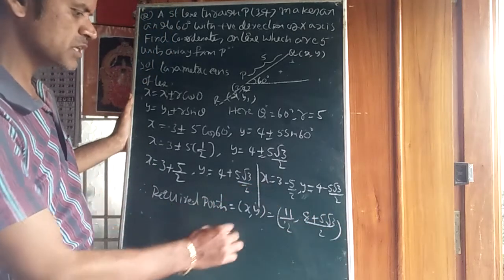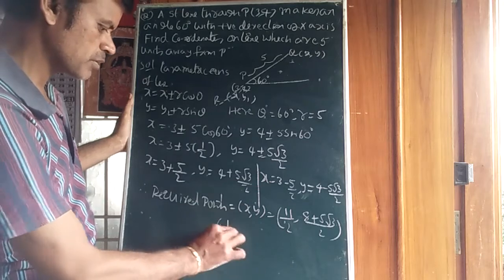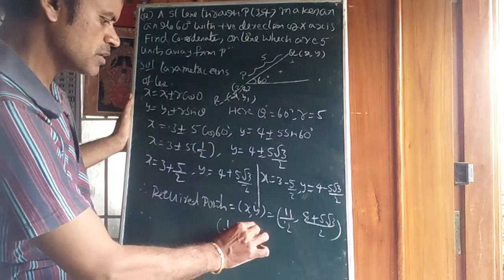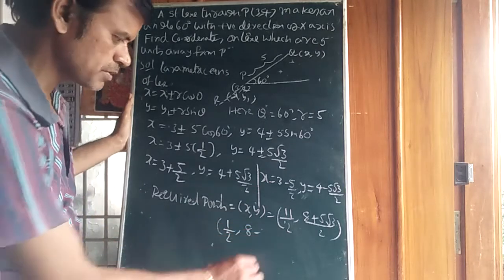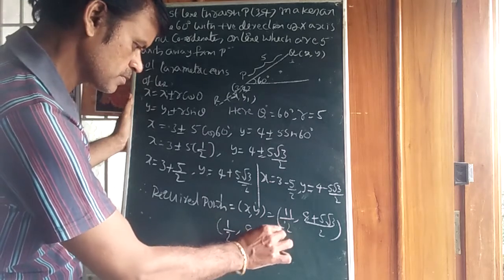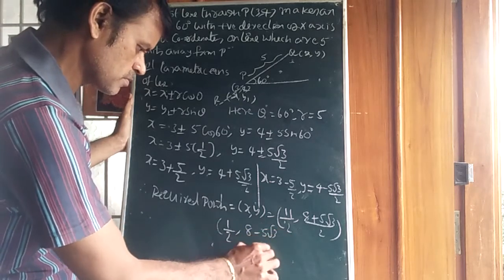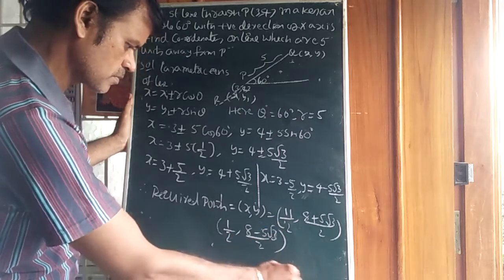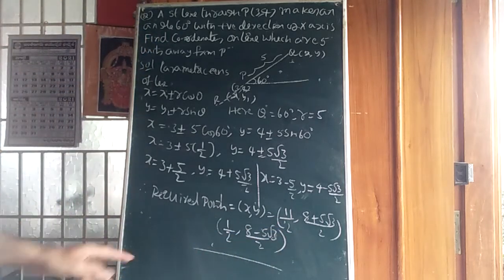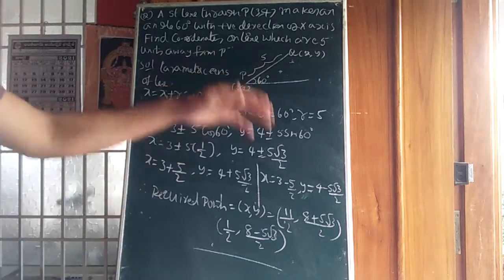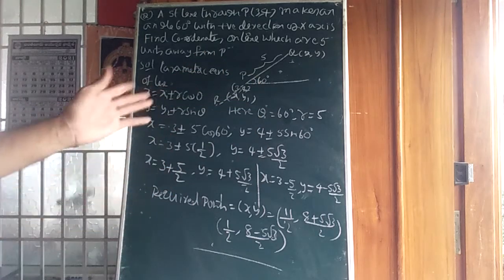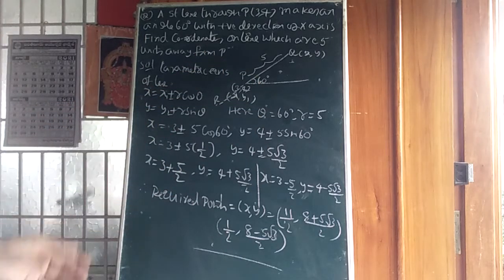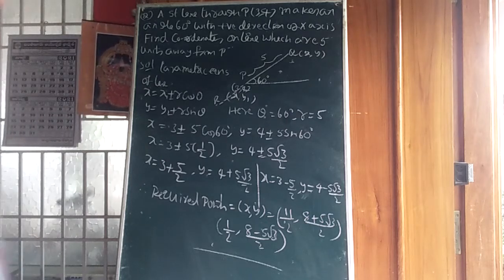And take LCM, 2 threes are 6 minus 5, meaning 1 by 2, comma 8 minus 5 root 3 by 2. That's all. These are the points on the line. Left side or right side, you take it either way, positive and negative.